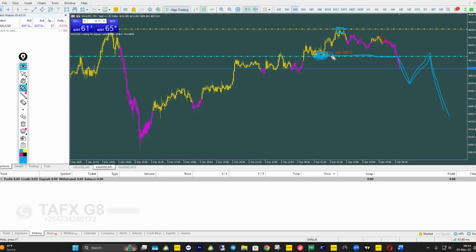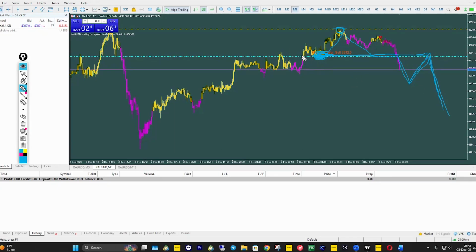It is a change of character from bullish to bearish. So whether the market has broken a lower low to make a sell continuation, or has broken your last higher low to make a change of character, you are still looking for sell.